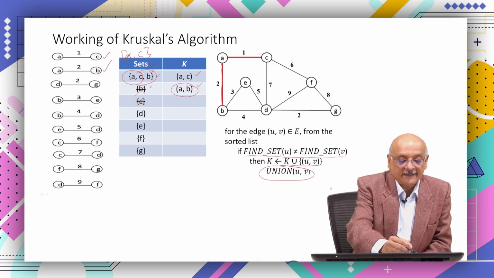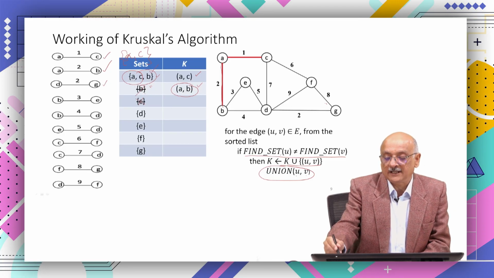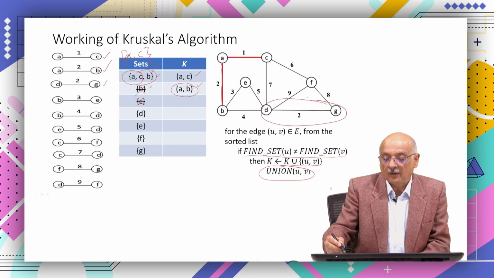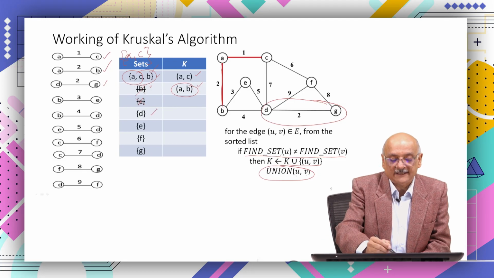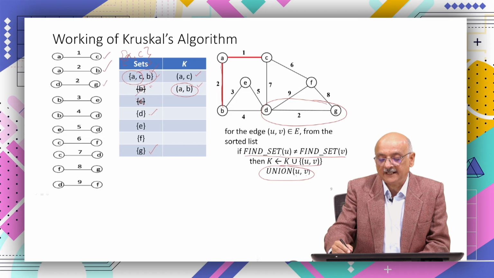Now let us take the third edge, DG. This is the edge we are now considering. D is a separate set and G is a separate set. Both are separate sets. We have found the set of D as well as the set of G. They are not the same, therefore add this.